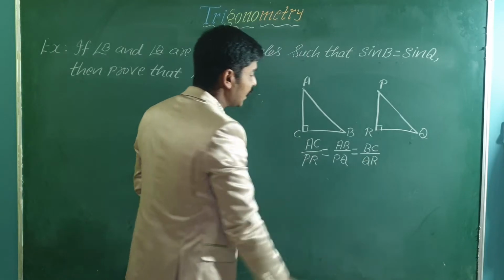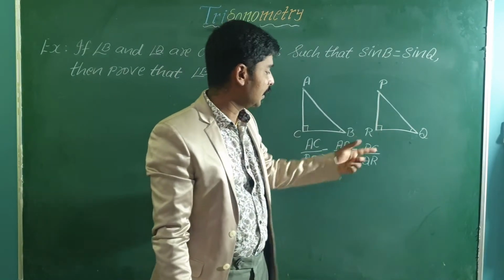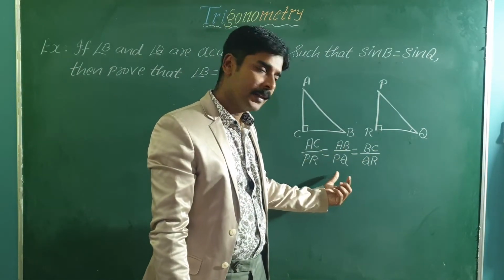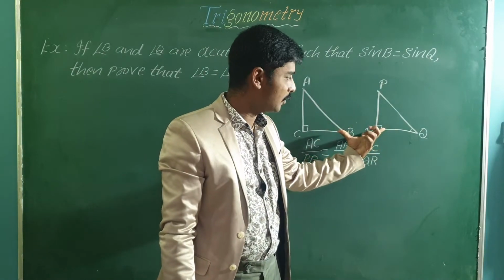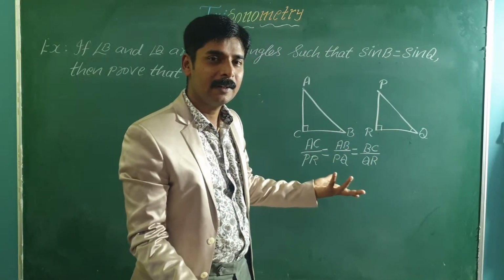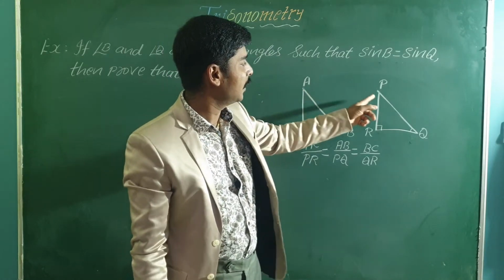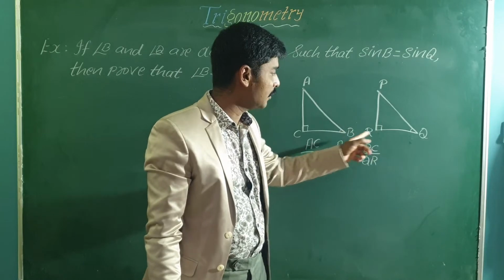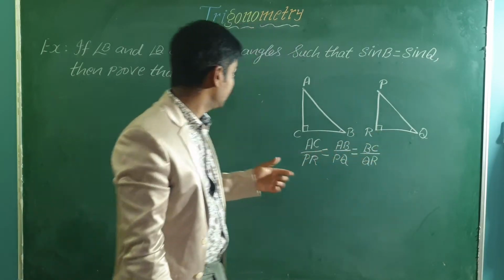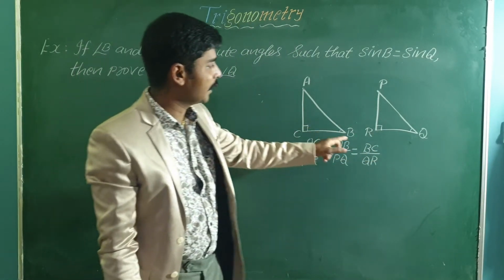If I can prove that, then I can say that these two triangles are similar. If these two triangles are similar, then the corresponding angles are equal. Angle A is equal to angle P, angle C will be equal to angle R, and angle B will be equal to angle Q. We need to prove that angle B is equal to angle Q.